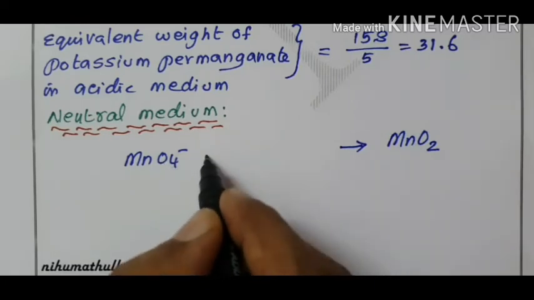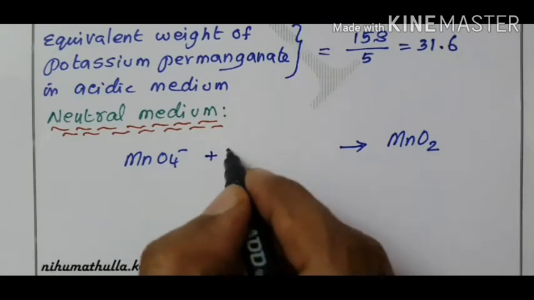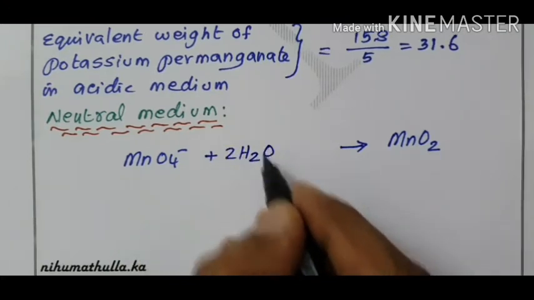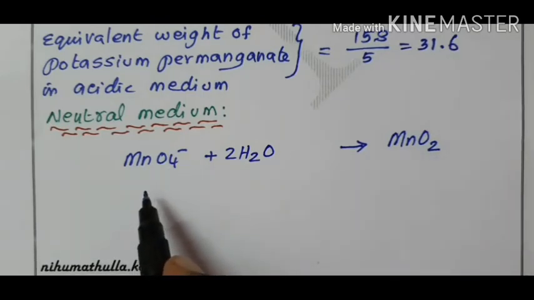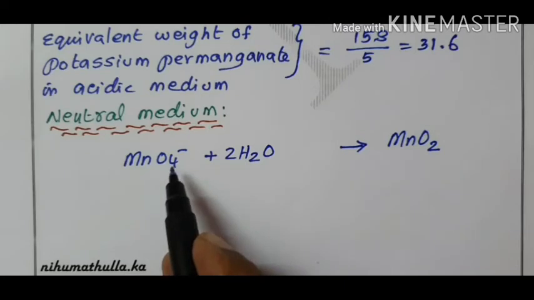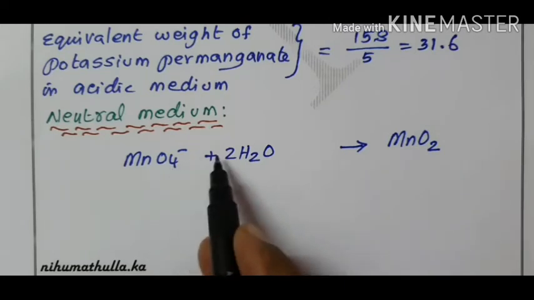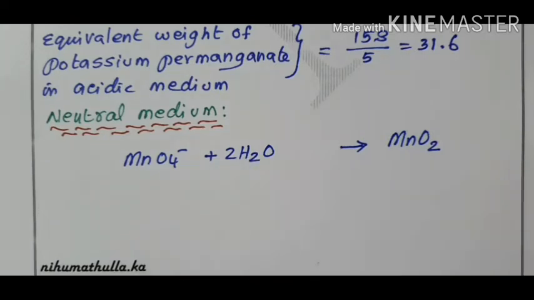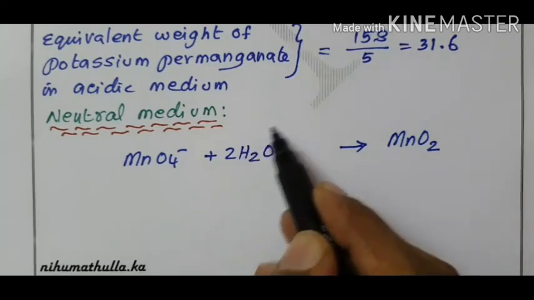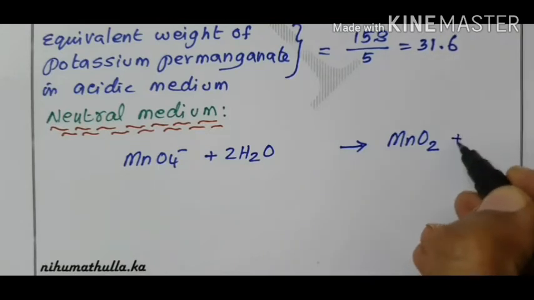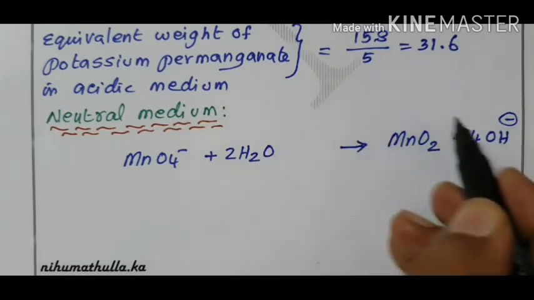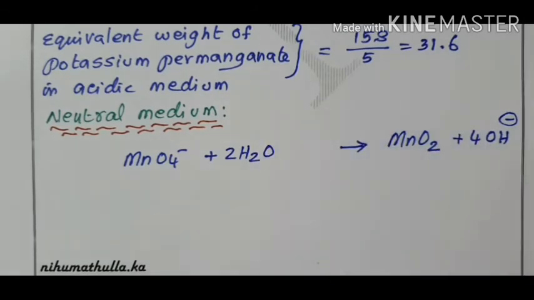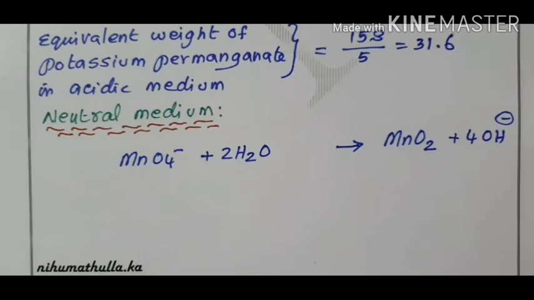Those 2 excess oxygens are balanced by adding 2 water molecules on the same side. Then double the number of OH minus ions are added on the opposite side. 4 OH minus ions are added.